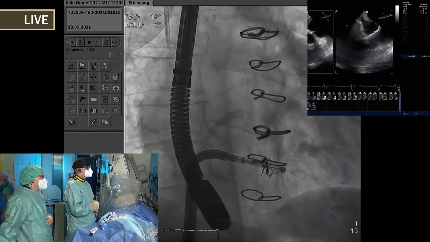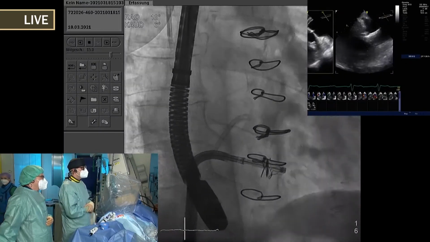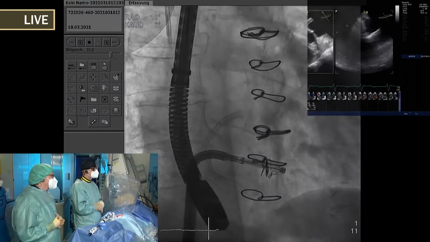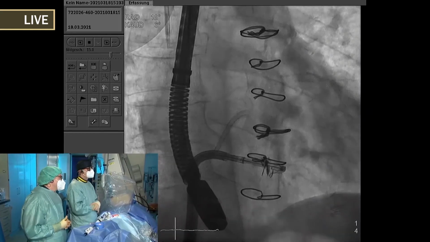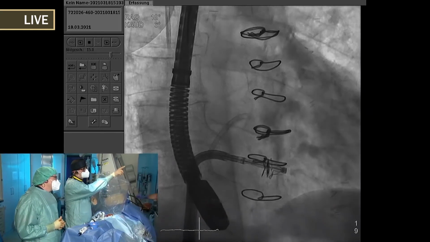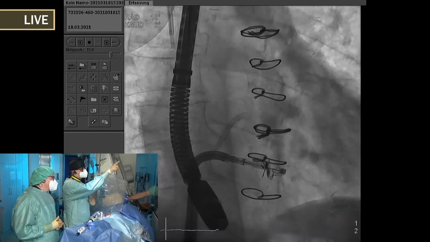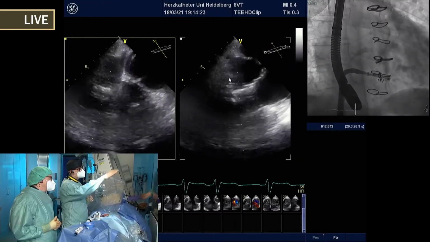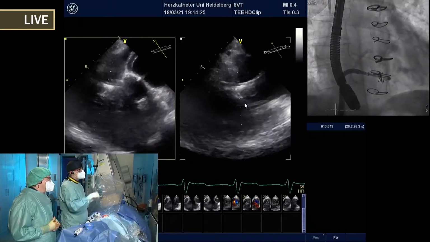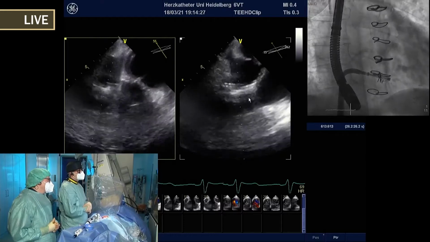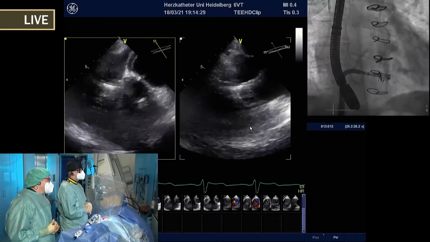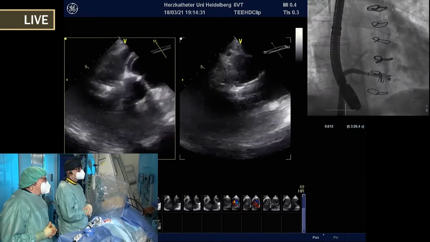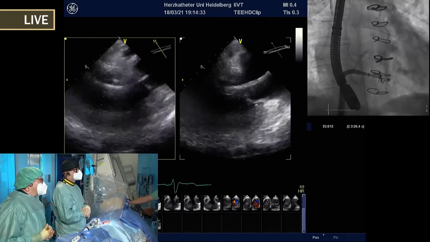So now it's really a little bit the challenge in this case, with the amyloidosis, that we get good images here. I think I can see the septal leaflet, where there is some tension on the septal leaflet. With the anterior, that's lifting a little bit down there. So that might be that we need to get a little bit more of the anterior leaflet. I will try to optimize this a little more.